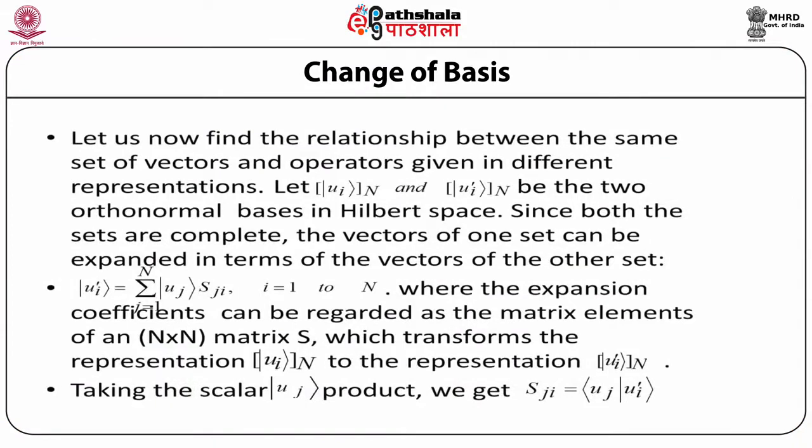Change of basis. Let us now find the relationship between the same set of vectors and operators given in different representations. So, for this, let us consider two different orthonormal bases in the Hilbert space that are given by the orthonormal basis u_i, n and u_i prime, n, where n represents the n-dimensional space.